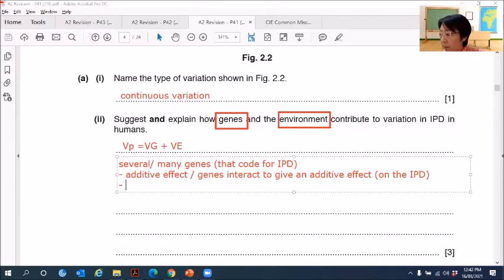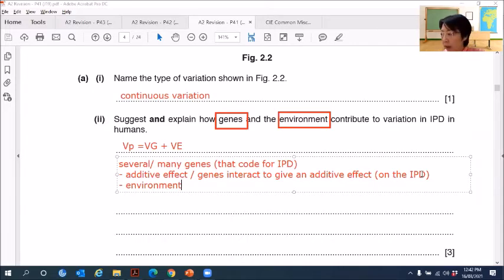So what about the environment? Based on the equation they've given, you can write this equation. When you write your answer, you might get 1 mark for AVP, any other valid point, showing that you understand these 2 factors affect the phenotype.